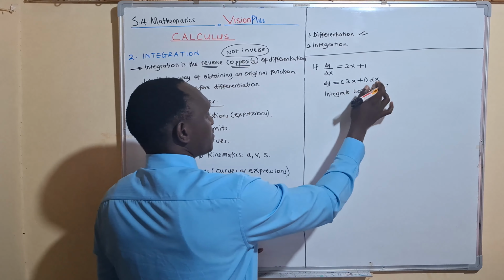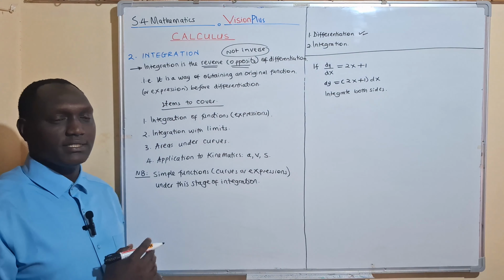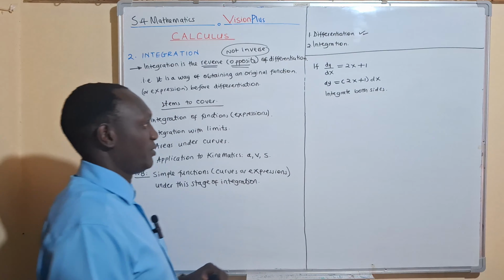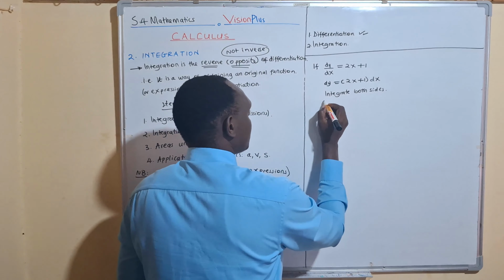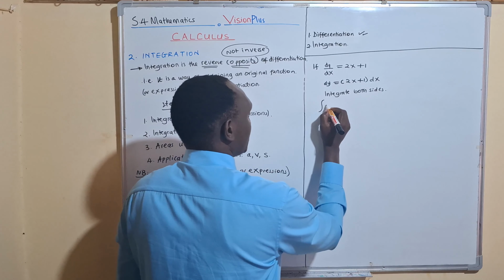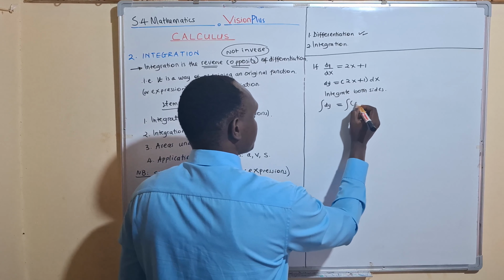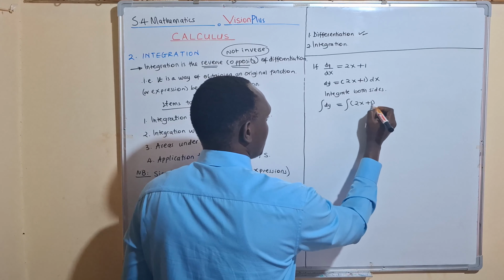What we have done here is called separating the variables. So we are going to integrate both sides. This is the symbol for integration. We shall integrate dy equals, we also integrate 2x plus 1 dx.